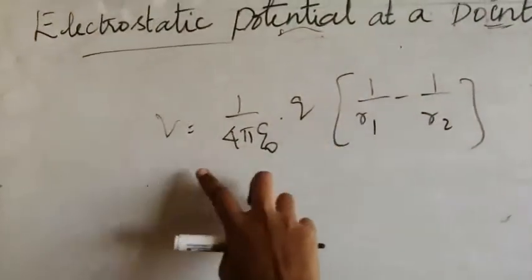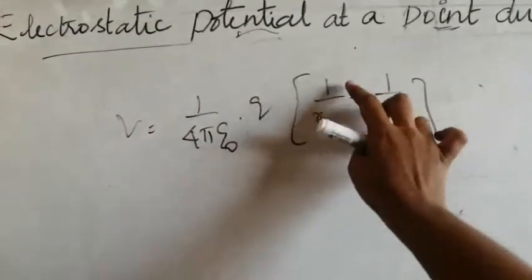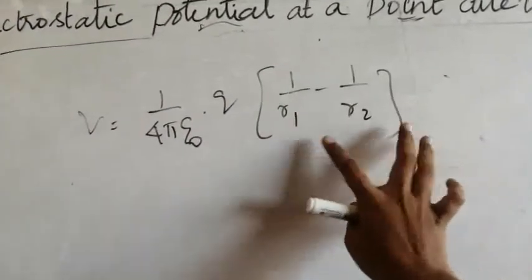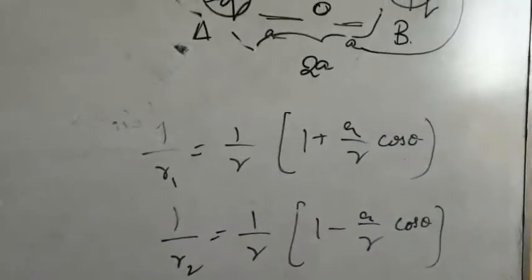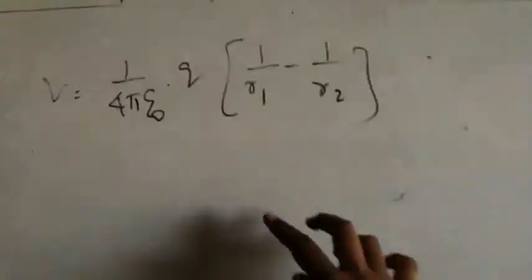So we have found the potential equation as V is equal to 1 by 4 pi epsilon naught into Q of 1 by r1 minus 1 by r2. Now I am going to substitute the value we found for 1 by r1 and the value found here for 1 by r2. So when you substitute this, the whole term you have to replace here.